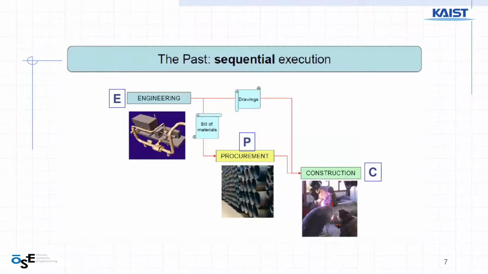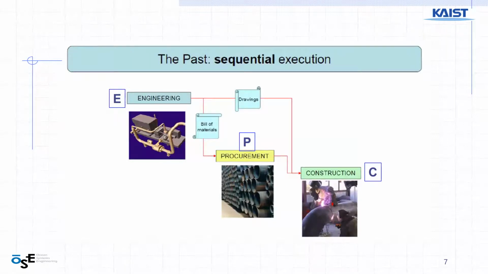So in old days, the sequential execution, the engineering, the design, they produce drawings and bill of materials for the purchase. And then procurement department start procurement, working with vendors or suppliers. And after procurement, we can start construction, the real manufacturing.